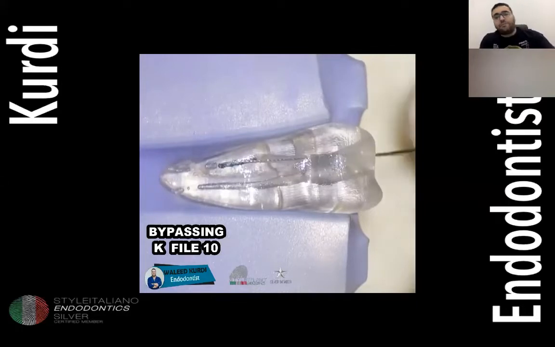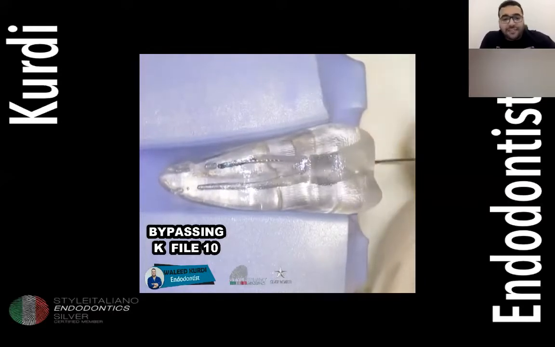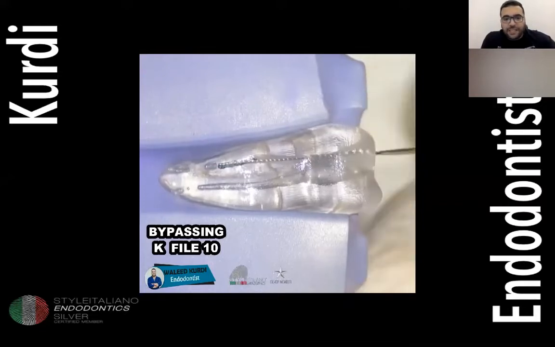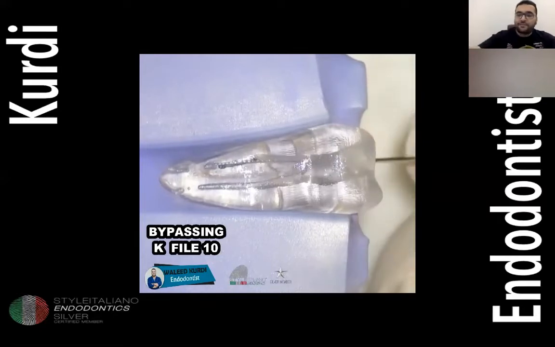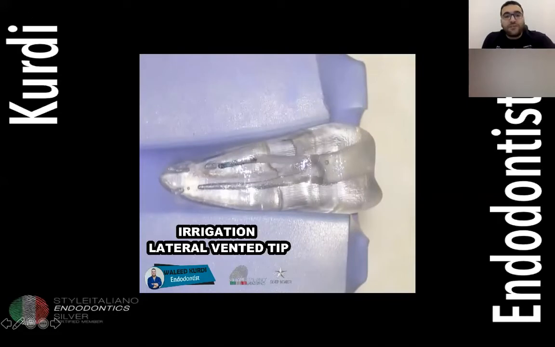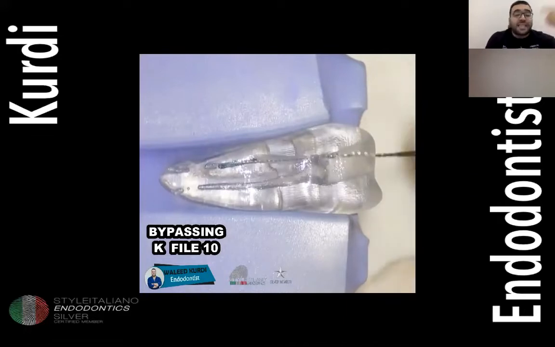Very important, the watch winding motion is very, very gently back and forth, with light pressure, so that your file is advancing inside the canal. This is K file number 10. Very gentle watch winding motion until you feel that it's not advancing more inside the canal.